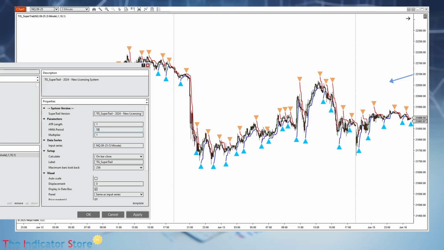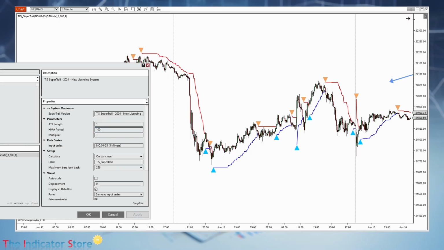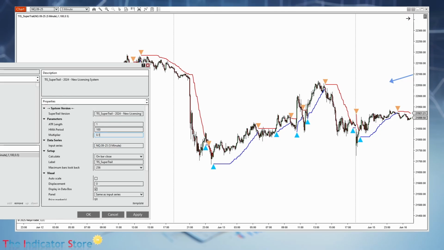We can also increase the period of the HMA. The slower the HMA, the more the line is also going to be far from the price action. So we have two different ways to change the proximity of the trend line to the price action, increasing the period or increasing the multiplier.